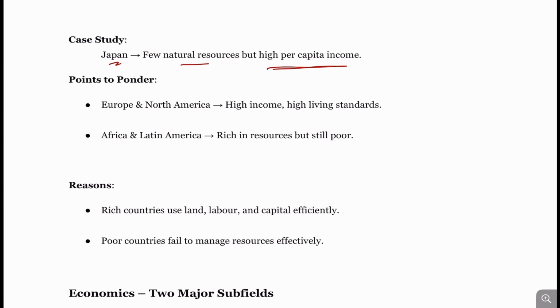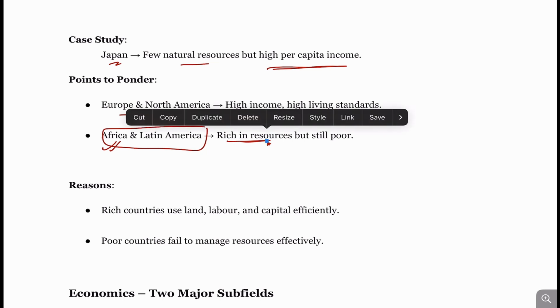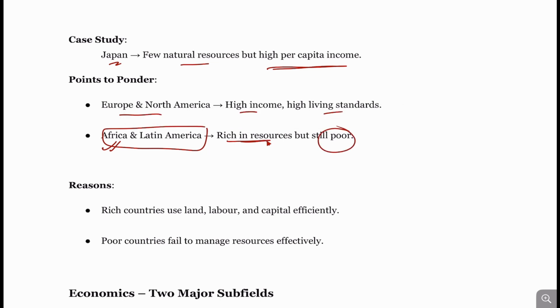Europe and North America are the same: high income and high living standards. But take the example of Africa and Latin America. They have abundant resources. Africa is also known as the graveyard of minerals, but still they are poor. That's what makes the understanding of economics very important.